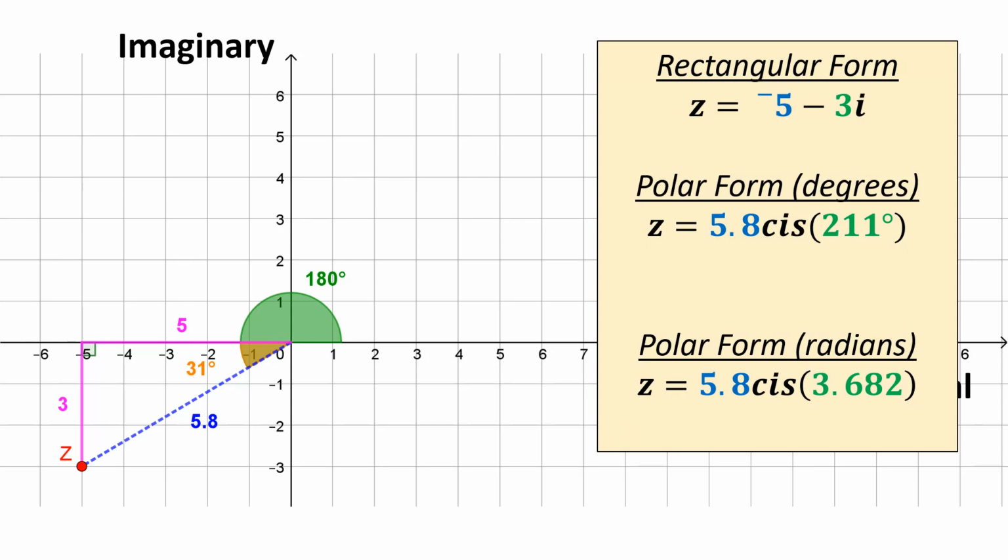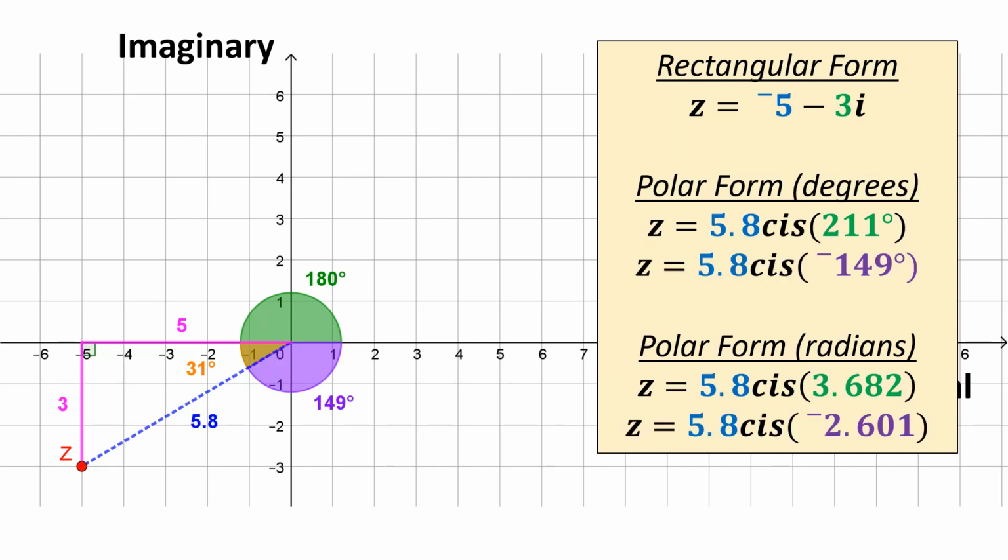But notice when we get to this quadrant, instead of rotating anti-clockwise and going larger than 180, we can actually rotate clockwise and make it smaller than 180. So when we rotate clockwise to get 149 degrees, we're actually going to have to put a negative sign in the brackets because the negative means rotating clockwise.